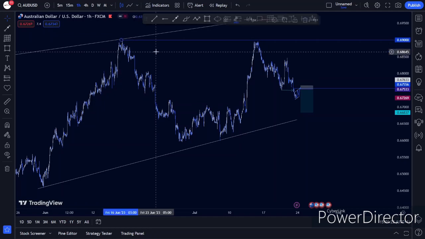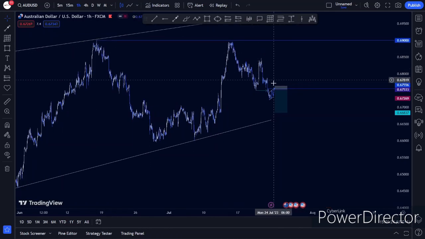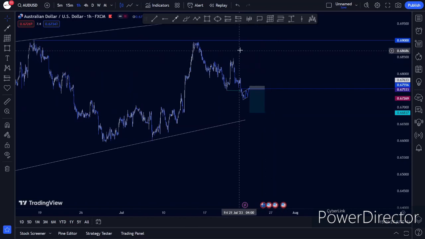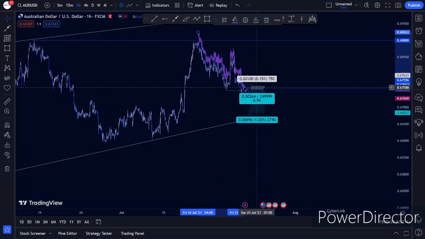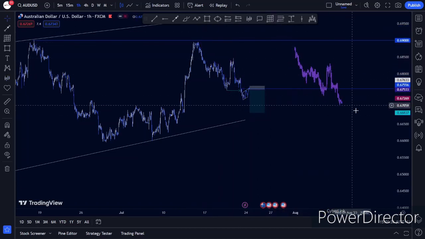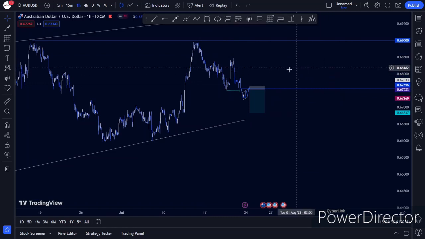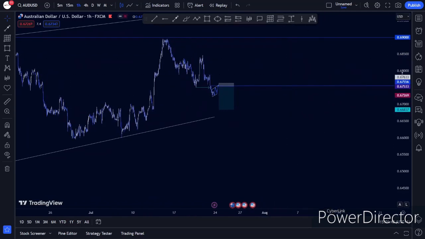We have a kind of slight miss here. So I don't rule out any possibility of price making it to the upside, especially with this kind of slight move. This is not the best impulsive move, so I don't rule that out. It's still very possible.